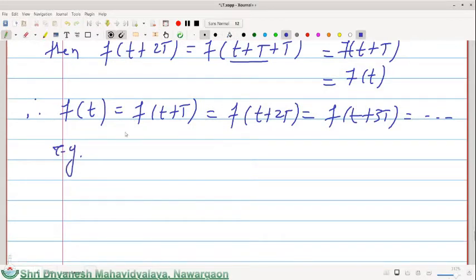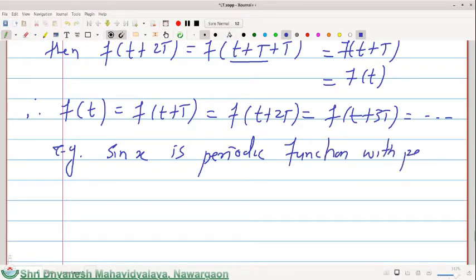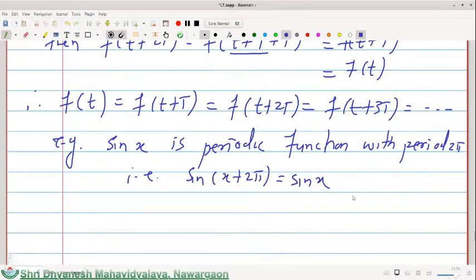Examples of periodic functions: the sine function, sin x, is a periodic function with period 2 pi, that is sin of x plus 2 pi, you already know this, is equal to sin x.